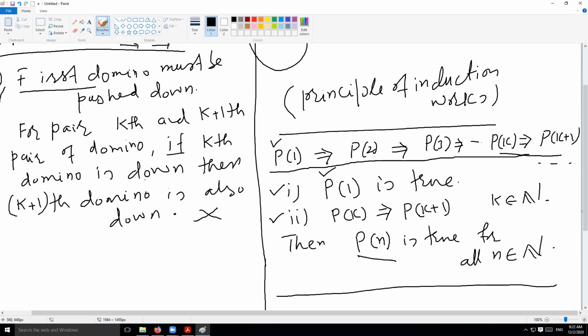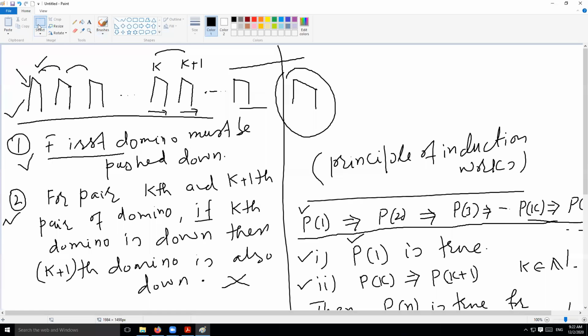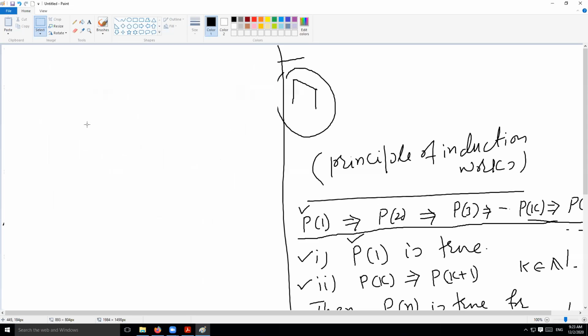So let me do one example based on it, or maybe some examples, and then we can go ahead more actually. So let's do one example. Here's the famous statement actually.